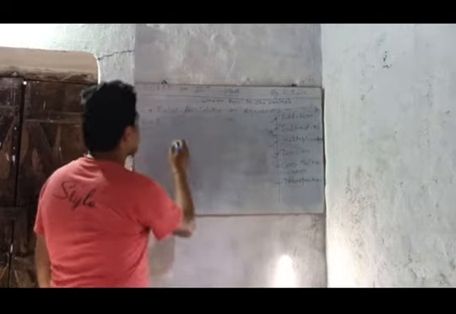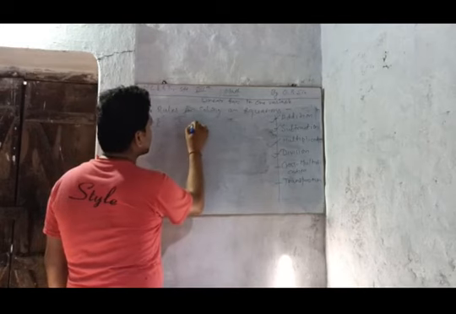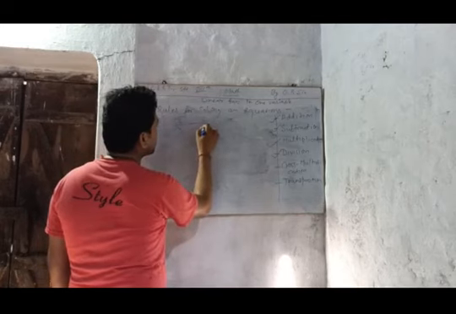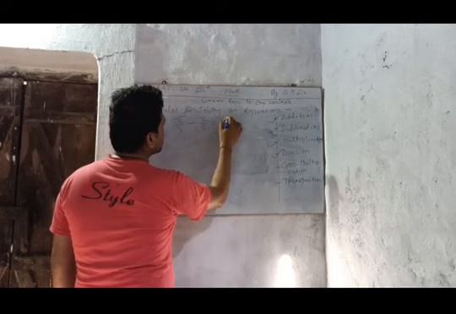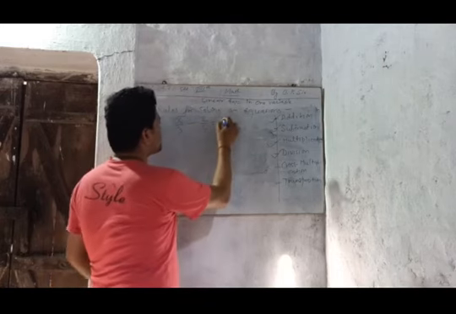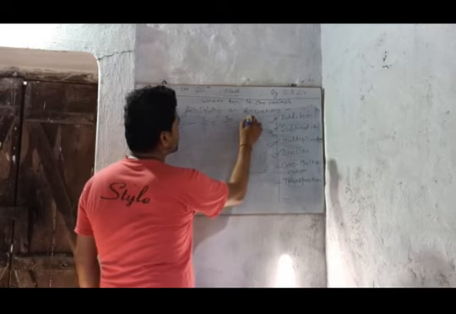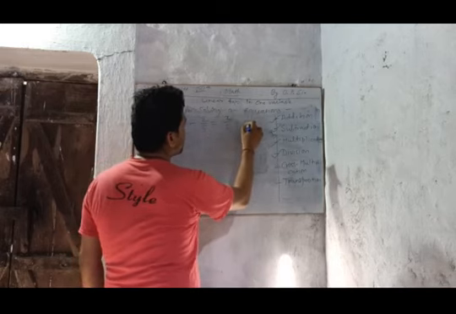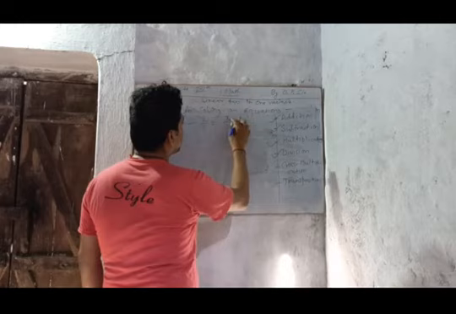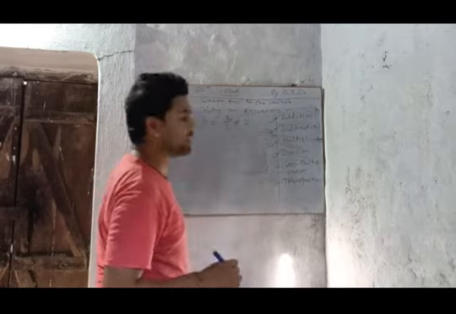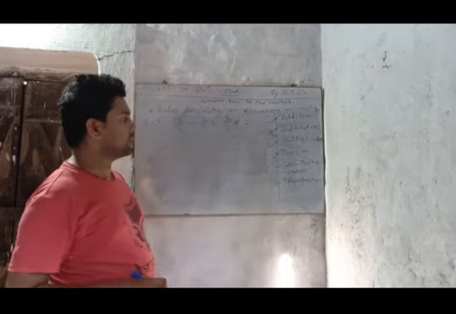I am going to take x upon 3 minus 2 upon 5 is equal to, sorry, x upon 2 is equal to 1 upon 5 plus 1 upon 5, like this. Now we have to solve by this.